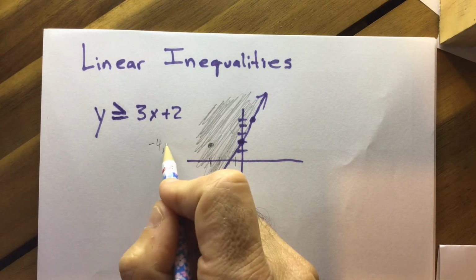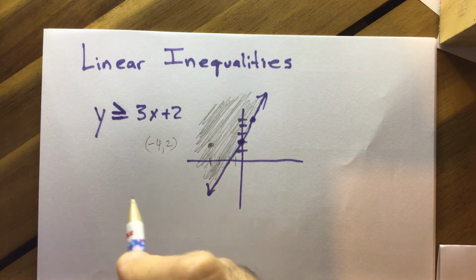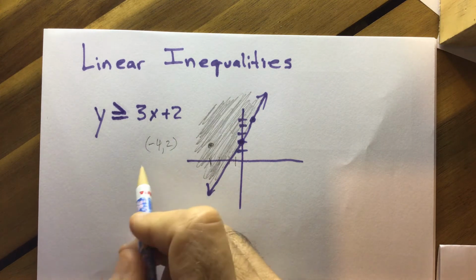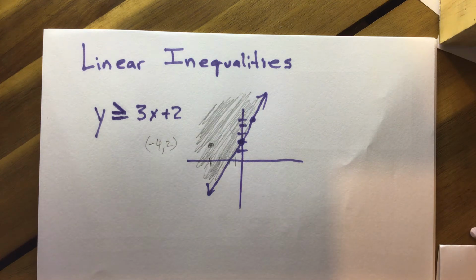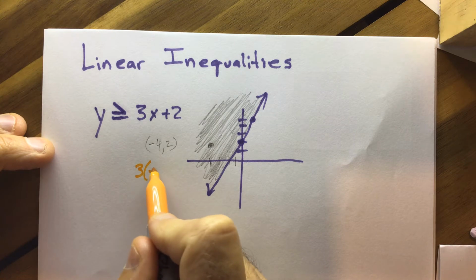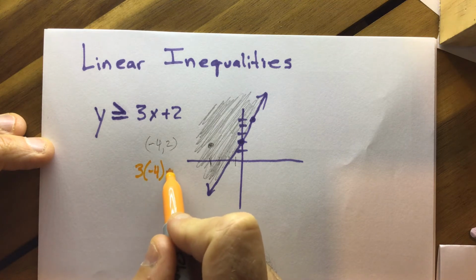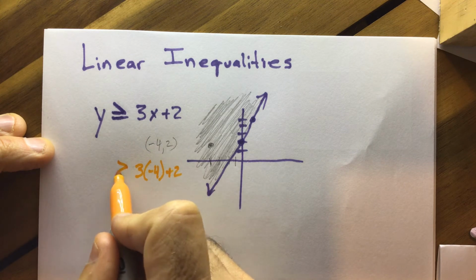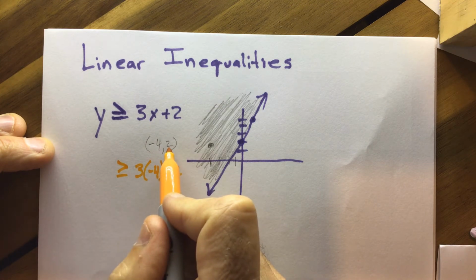Negative 4, positive 2. So that's a solution to this, and we can check that by plugging in x is negative 4. I'll do this with a marker so you can see it better. 3 times negative 4 plus 2. That's this right here. And then this 2 is my y value.